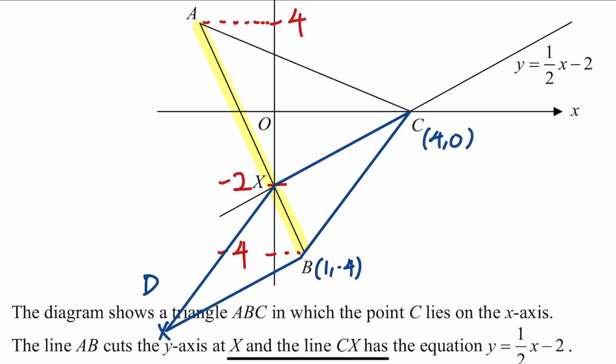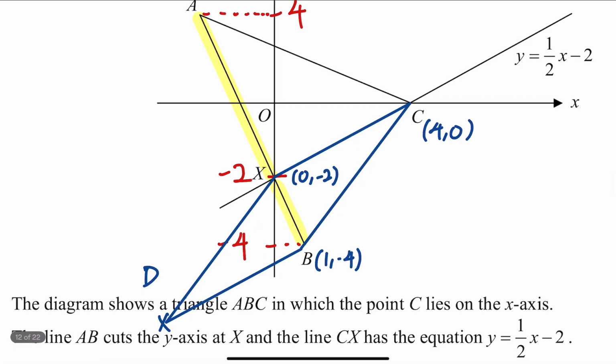And the coordinates of X are (0, -2). To find the parallelogram, you can simply do it by counting. We know that in a parallelogram, for these two edges, the horizontal and vertical change must be the same. You can see that this distance here is 4 units.